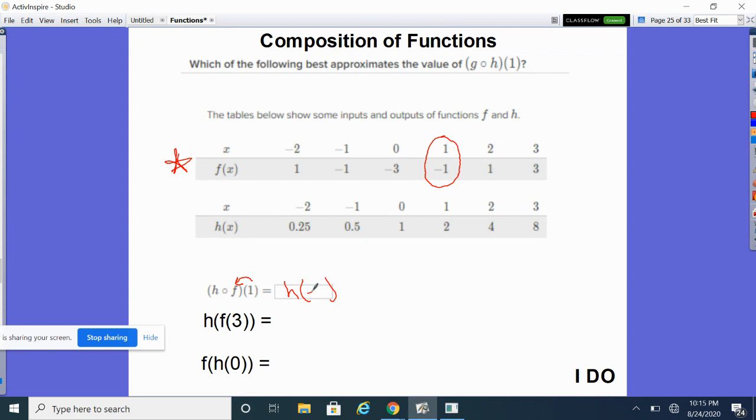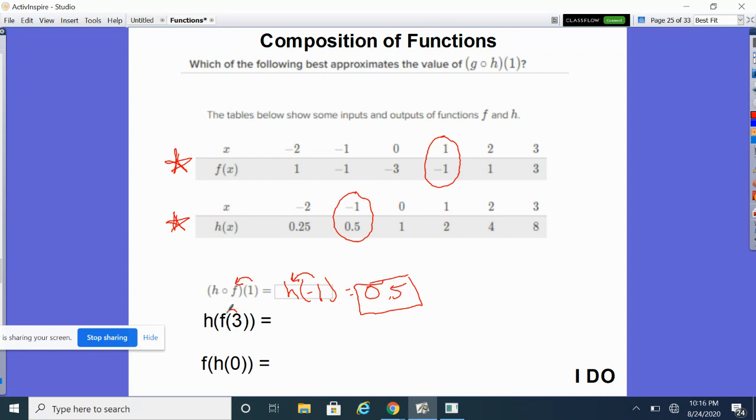So this now became h of -1. All right, I'll pause again. Go find -1 and see what it's paired up with on the h table. There's the h table. -1 is paired up with 0.5. Now we've done everything it's asked. That's the answer.